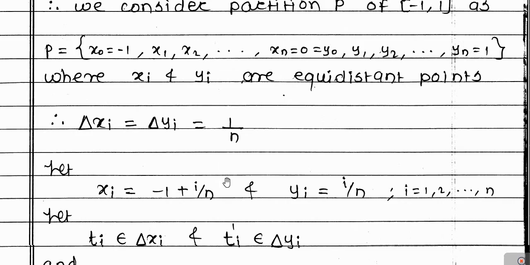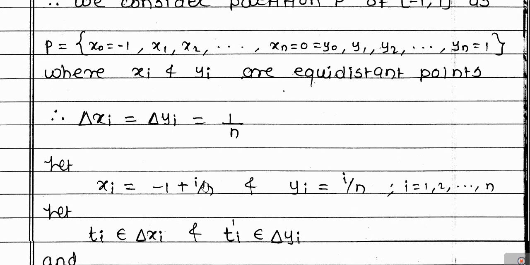Next, let xi equal minus 1 plus i by n, as we have taken in the last example. Here also we will take xi equal to a plus i by n, where a means here minus 1, so minus 1 plus i by n, and we will take yi equal to 0 plus i by n, which is simply i by n, and here i varies from 1 to n.